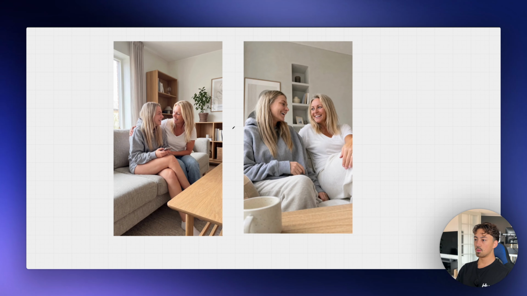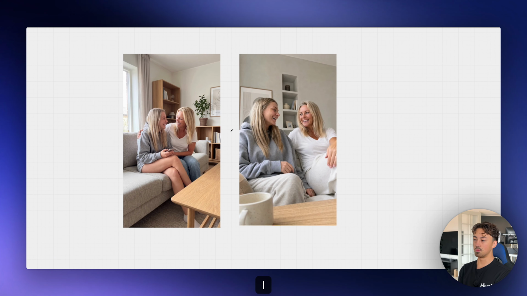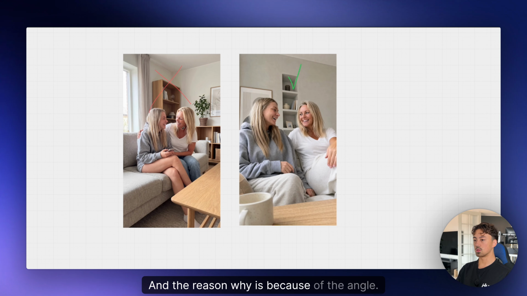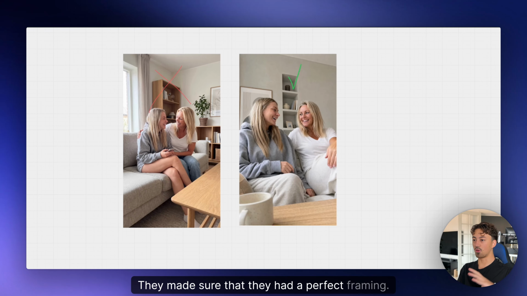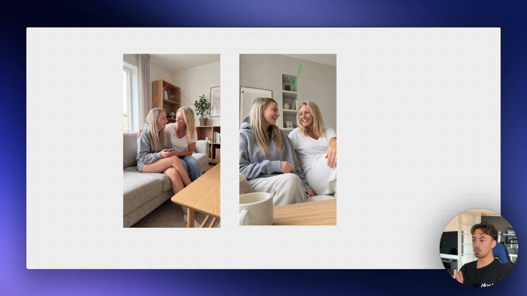Here's also a side-by-side comparison. I did these shots very fast, so it's not perfect, but comparing these two shots, this one looks more real than this one. And the reason is the angle. The phone in this image is clearly placed on a tripod. They made sure they had perfect framing, they're centered and such.